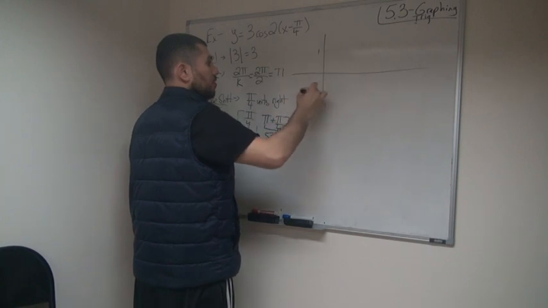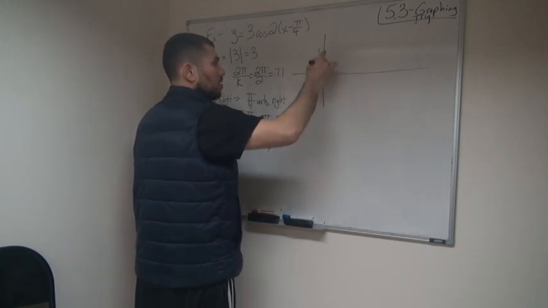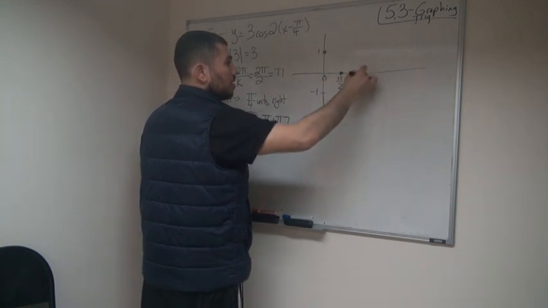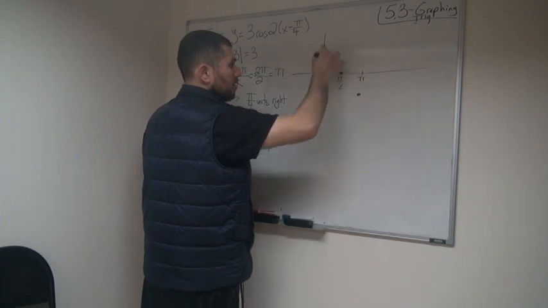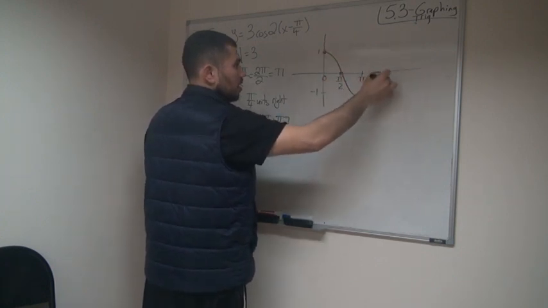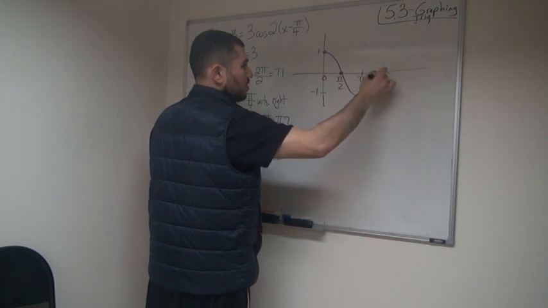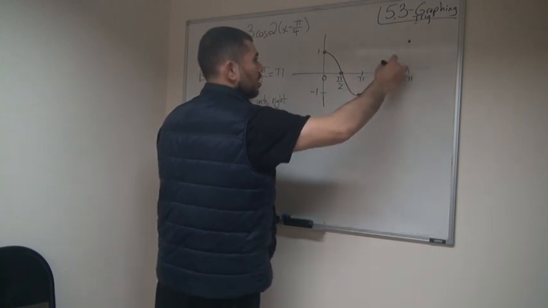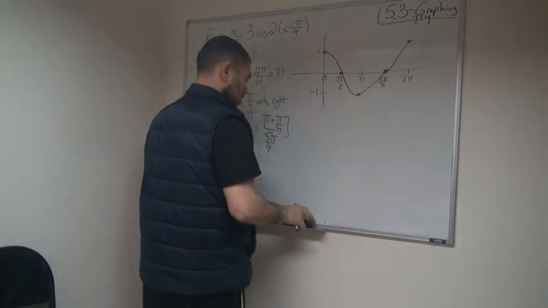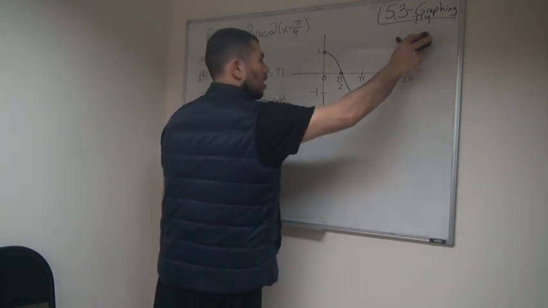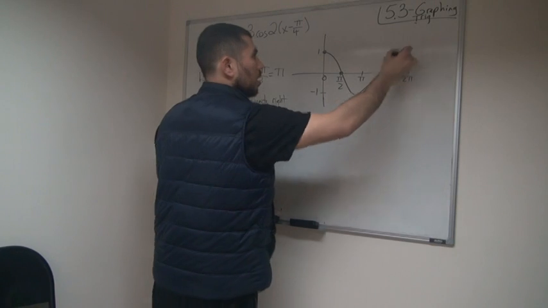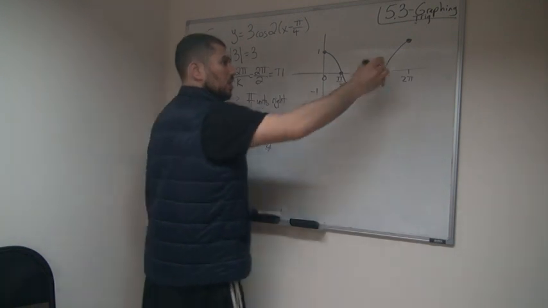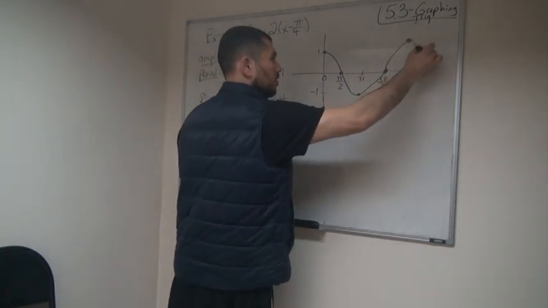The basic cosine graph goes from (0, 1) to (pi over 2, 0) to (pi, negative 1) to (3 pi over 2, 0) to (2 pi, 1). That's y equals the cosine of x.